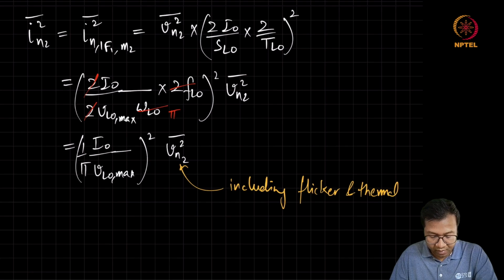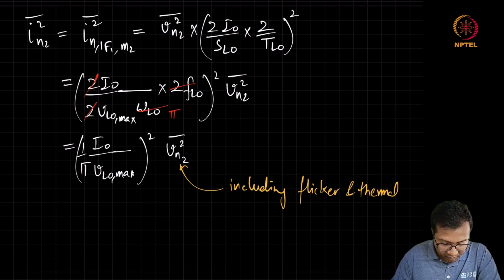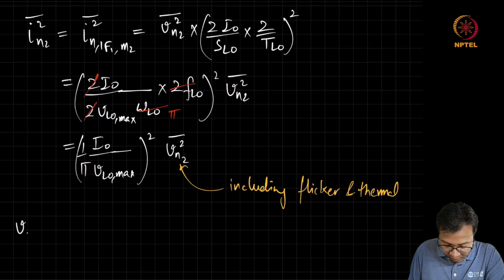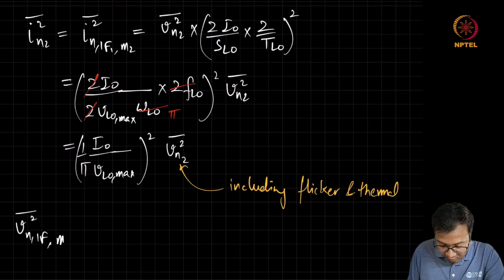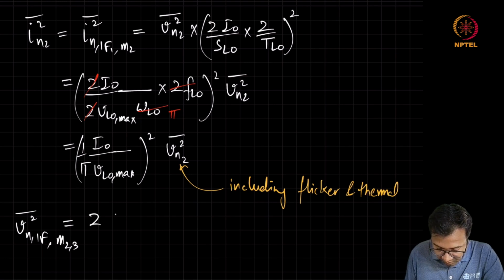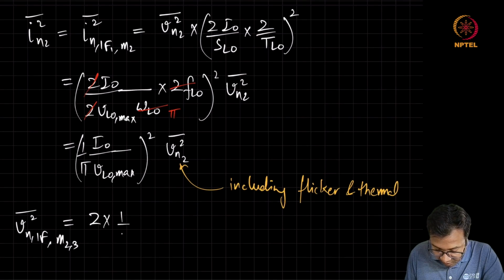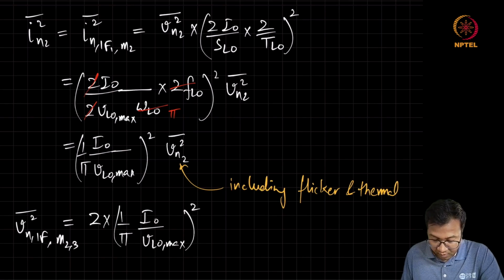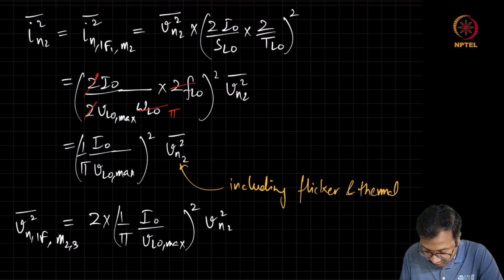M3 also has identical analysis. So if I have to write the noise PSD of IF due to M2 and M3, it is going to be equal to twice of this, into 1 by pi I0 by VLO max whole square into VN2 square.